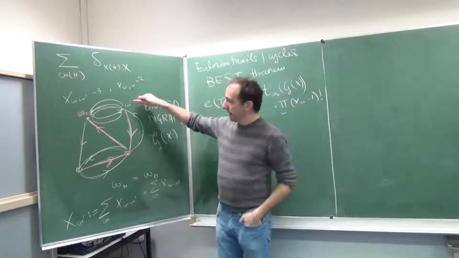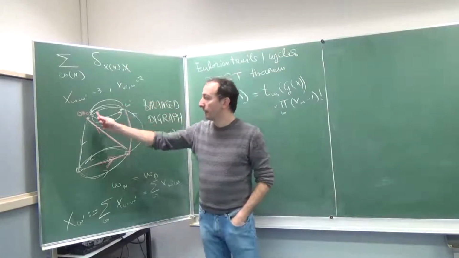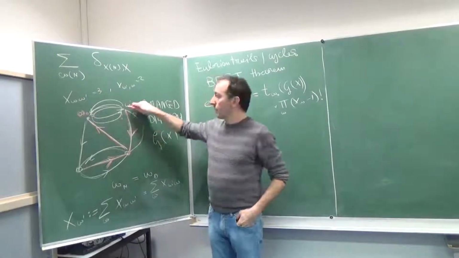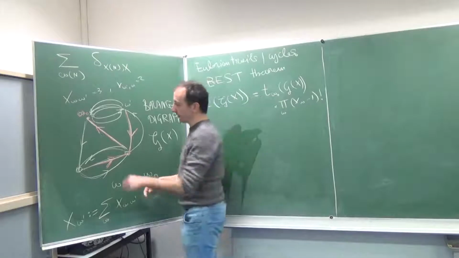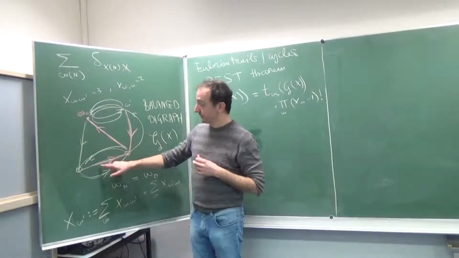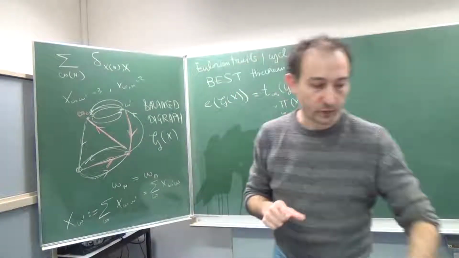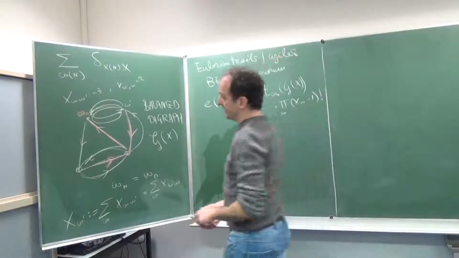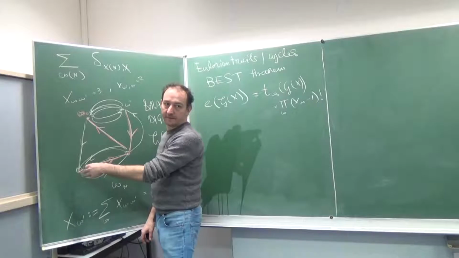Now the spanning tree has the property that each vertex but the root has one outgoing transition edge. So each one has exactly one. We define these particular edges as the last edge that we use to exit this particular state, the last time that you visit the state.